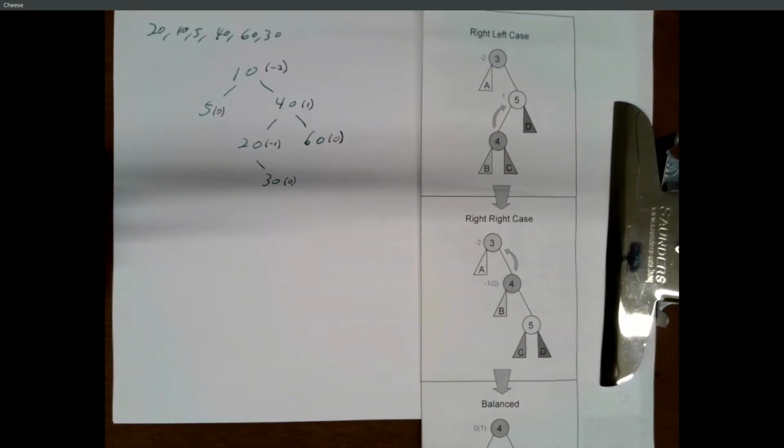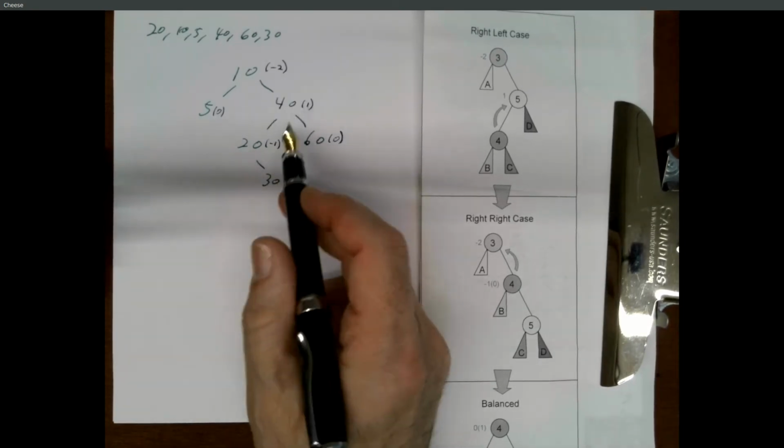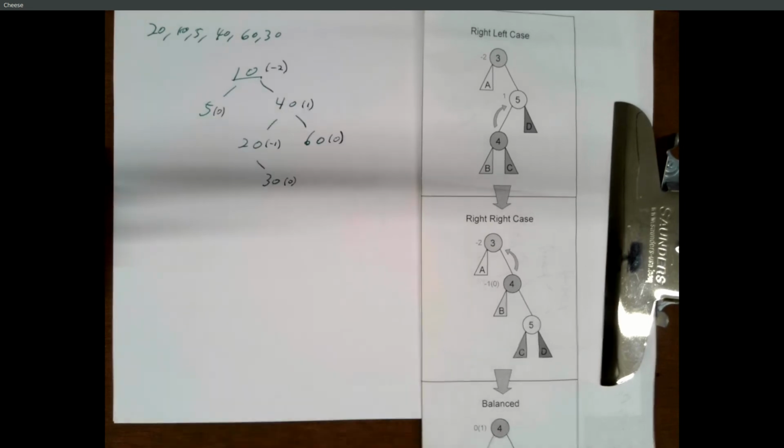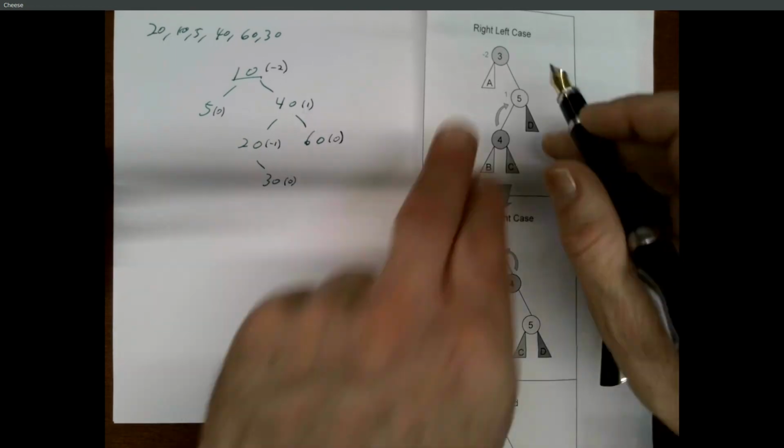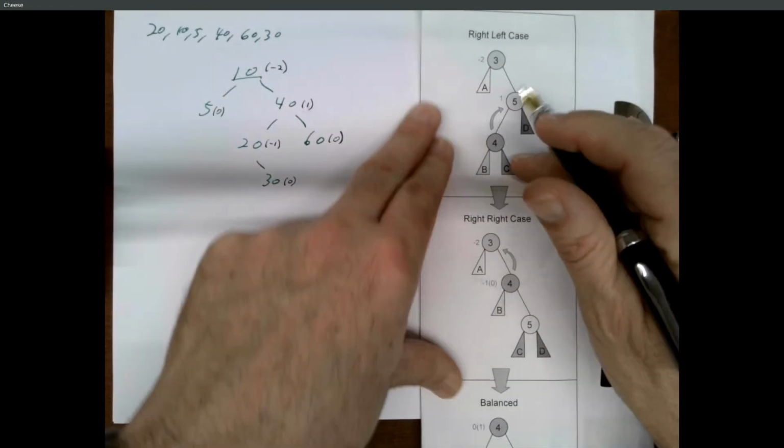So we've added a node, right? And starting from the node we added, if we work our way up, we find this imbalance right here, the 10. Okay, so we've got an imbalance of -2. Its right child is 1. That's our right-left case, -2 and 1.